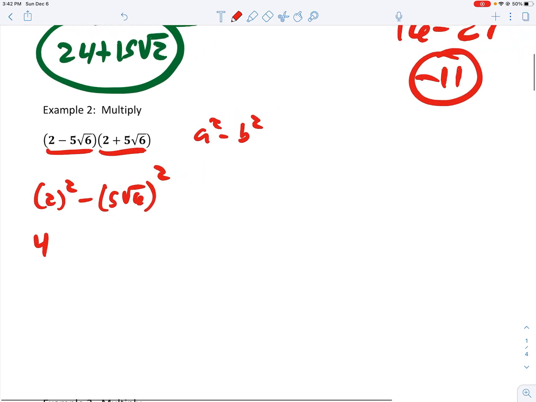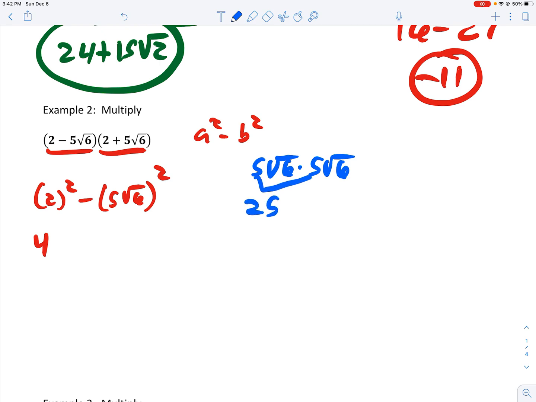5 root 6 is a little bit more challenging for a lot of us to do. But if you do this more often, you'll get better at it. 5 times 5 is 25. Root 6 times root 6 is root 36. So this would be 25 times 6.